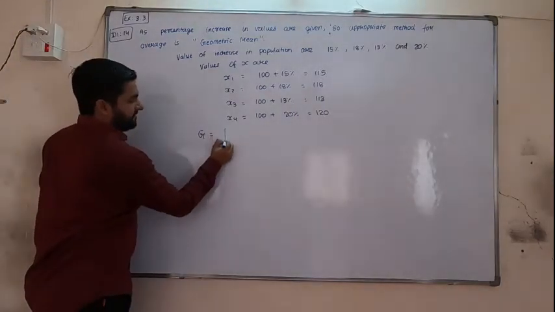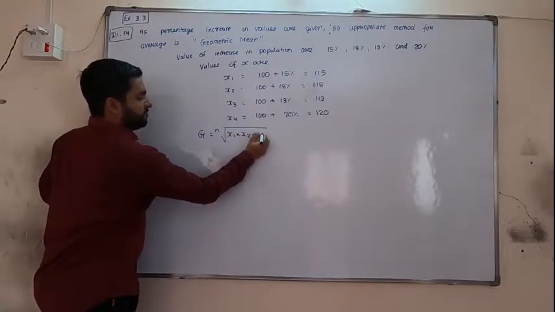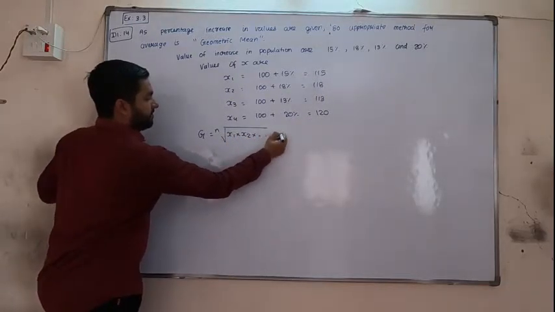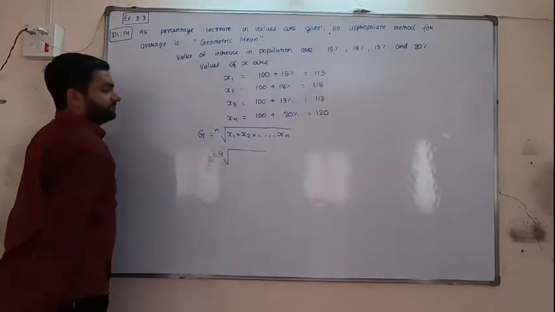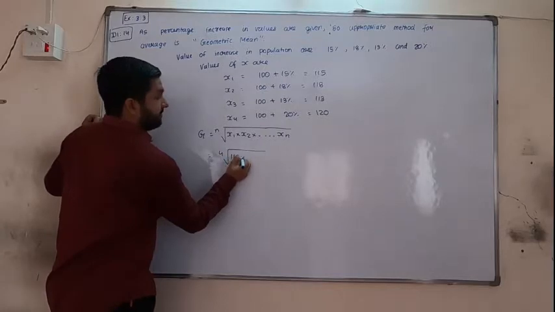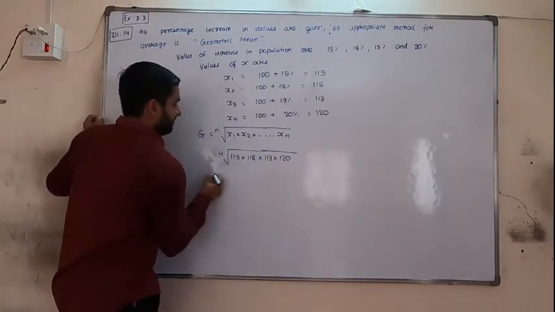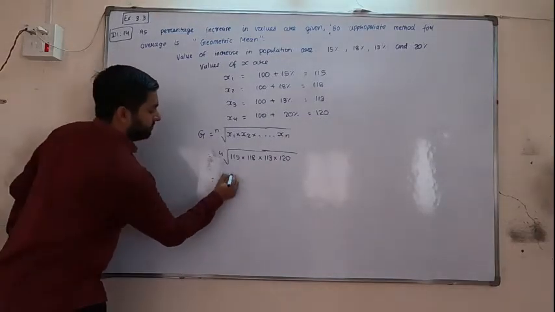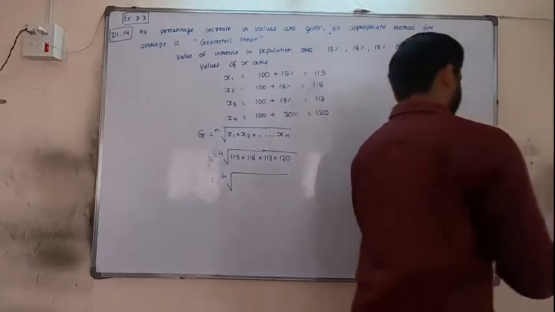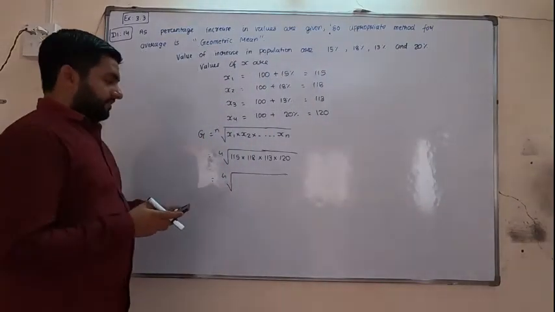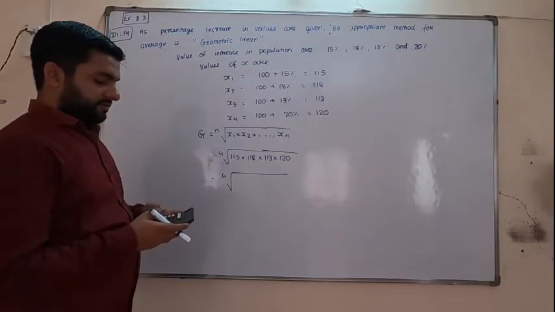Now geometric mean G is equal to the nth root of x1 multiplied by x2 multiplied by dot dot dot xn, so the fourth root of 115, 118, 113, 120.